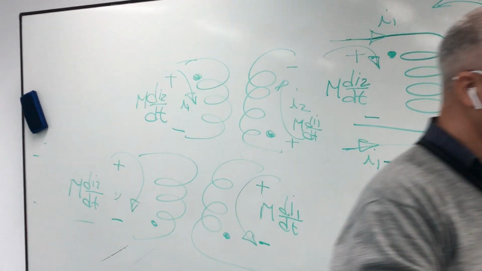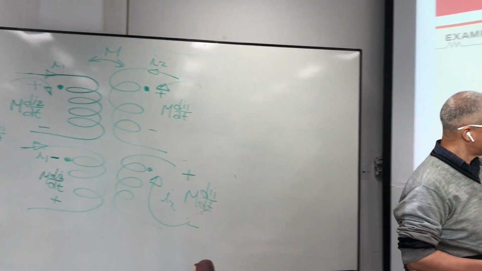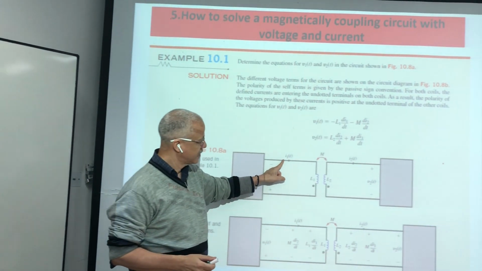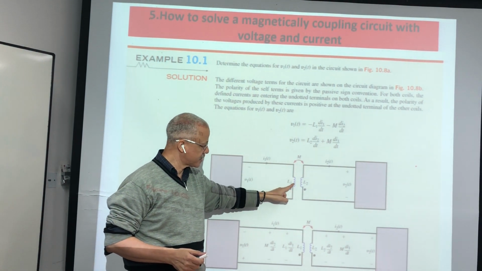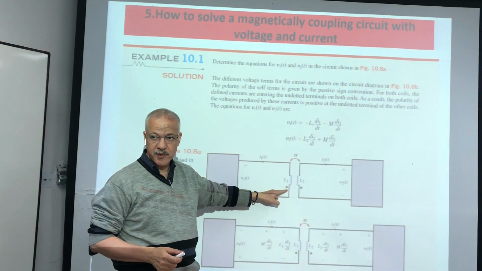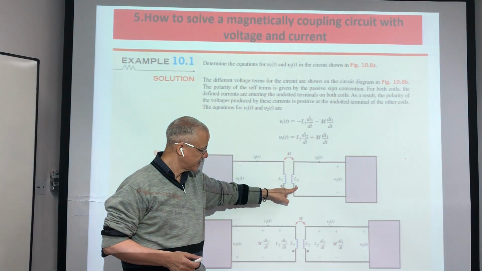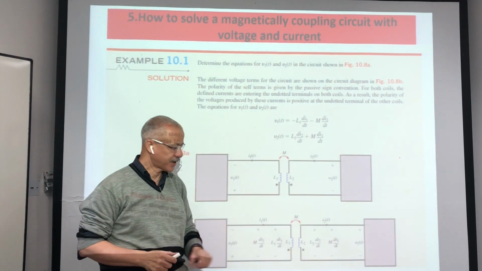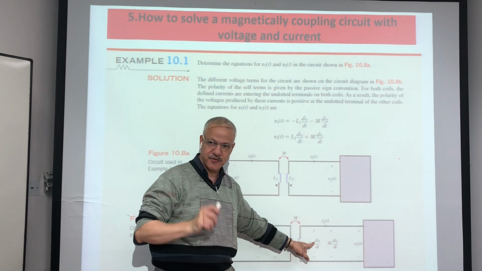This example is very simple. Forget about calculating the voltages V1 and V2. Look at the currents. Now, does the current leave or enter the point? Leave. So here, minus. What about the self inductance? It's the same, no change for the self.